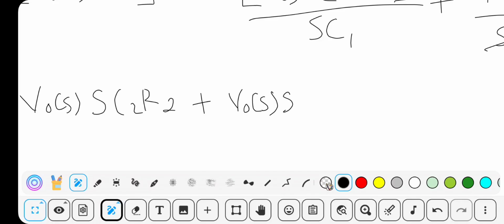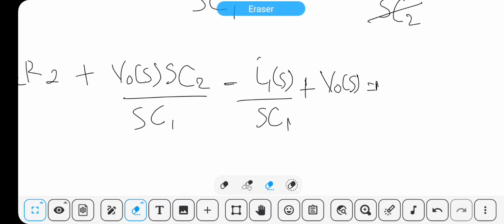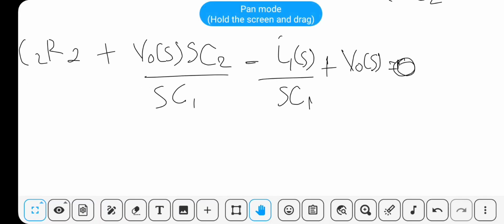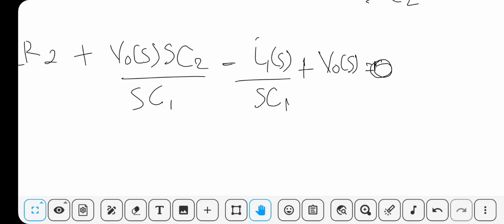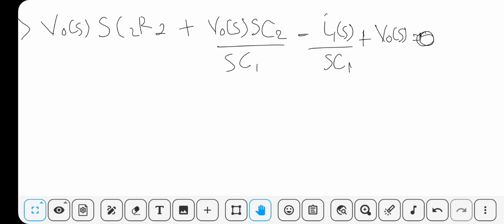V naught of S S capacitor 2 S capacitor 1 minus I1 of S minus S capacitor 1 plus V naught of S is equal to 0. So now we can get I1 in terms of the output voltage too.